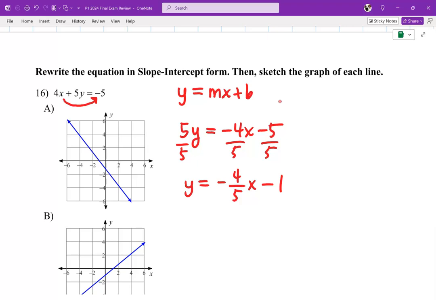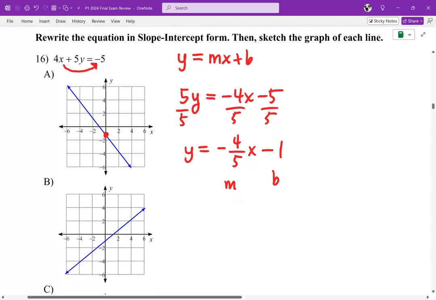So yesterday we talked about this at the very end. I said m is my slope and b is my y-intercept. I begin at negative 1, right? So does it look like A crosses at negative 1? Kind of, right? So let's just leave that open.